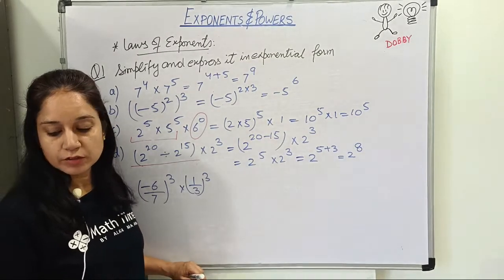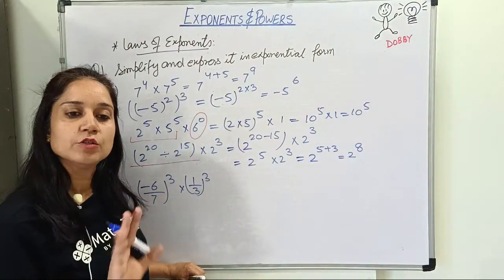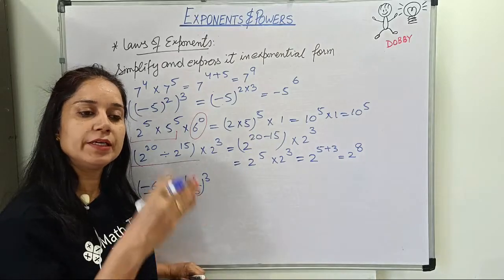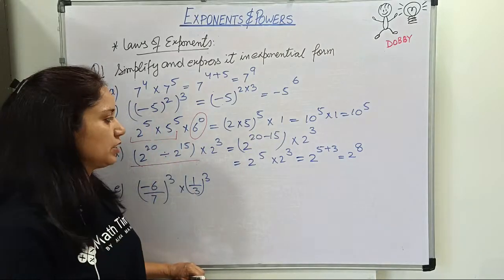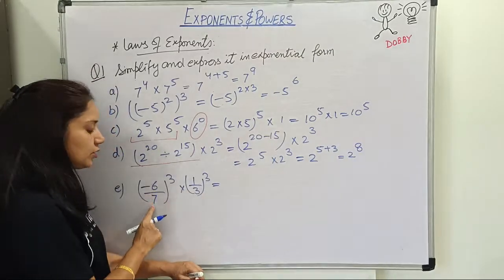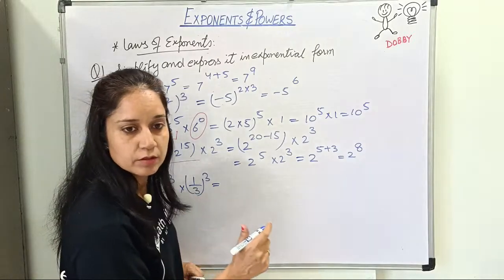Now how will we solve this question? When it is in p upon q form, always remember cuttings will serve our purpose. We will open it, do cuttings and write in simplest form. Let us start. (-6/7) raised to the power 3 means we have to write it 3 times.